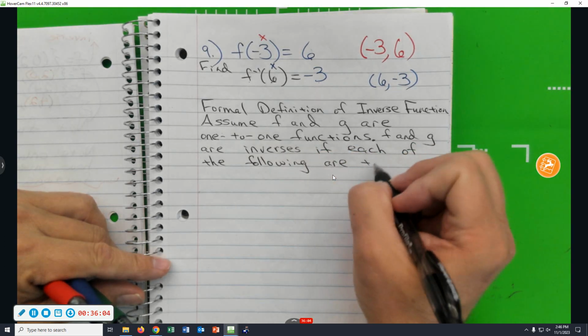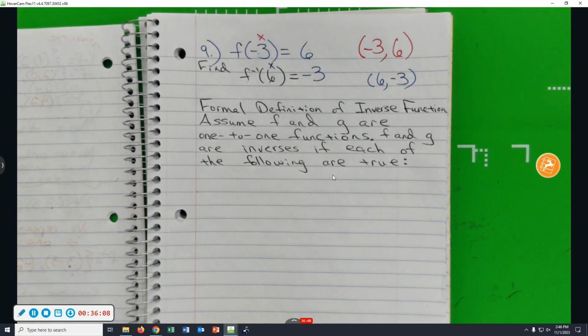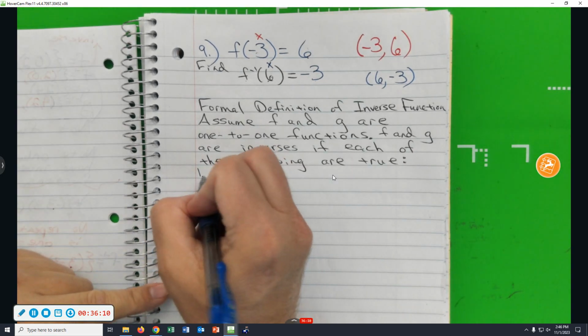The first one, there are two conditions.